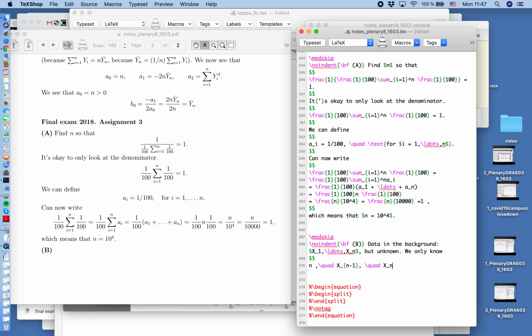Using the standard formula, when we have a bar across the x, that's our standard notation for the mean. So this is the mean of the n-2 first observations. So it's this.